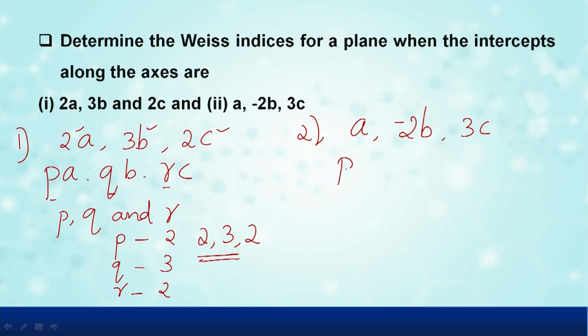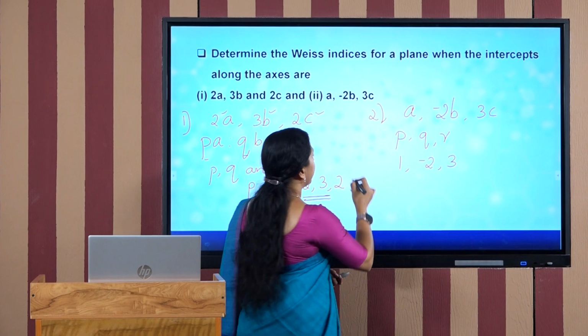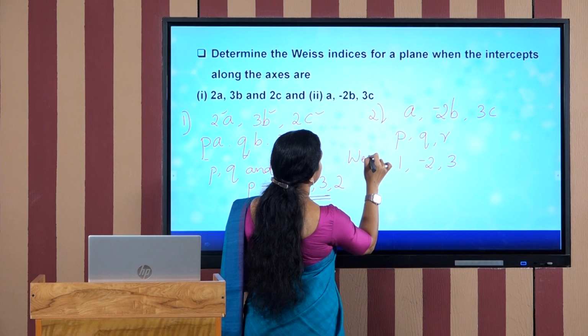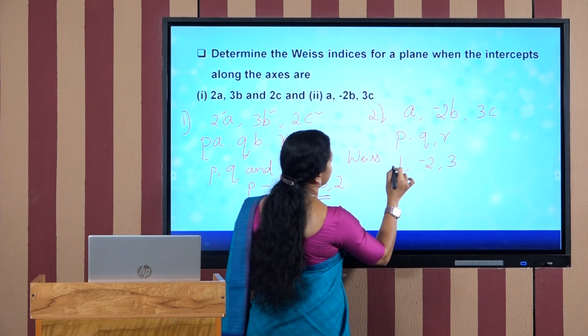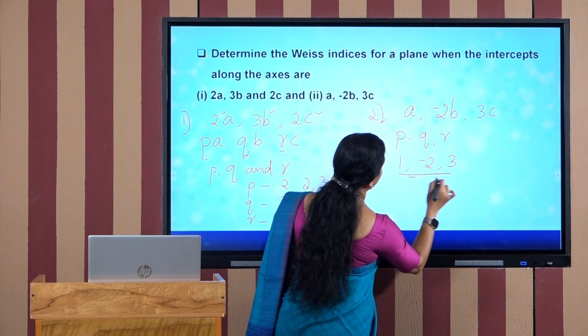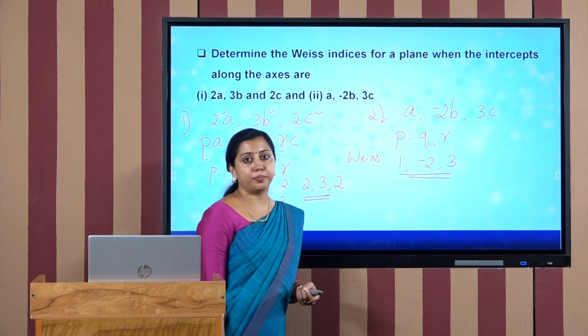Again, when we consider the coefficients p, q, r, the coefficient of a is unity, that is 1, the coefficient of b is minus 2 and the coefficient of c is 3. So, we can say the Weiss indices are 1, minus 2 and 3.